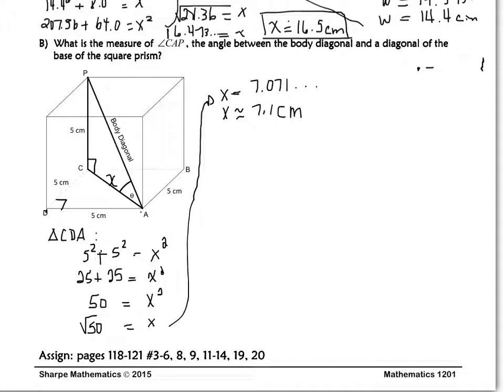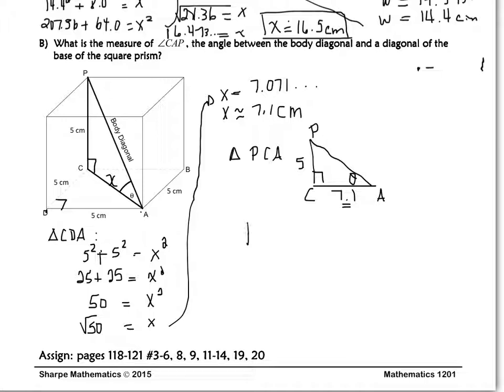And then I can use the right triangle, triangle PCA. I have that this is 5, I have that this is 7.1, this is P, this is C, this is A, and I'm looking for this angle in here. So in terms of the angle I have the opposite and I have the adjacent.